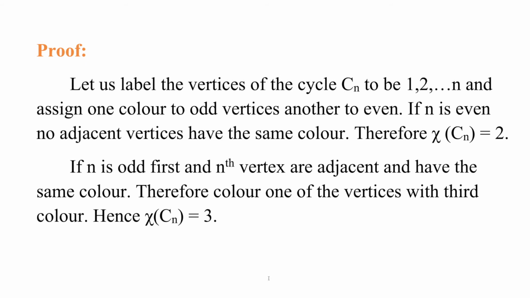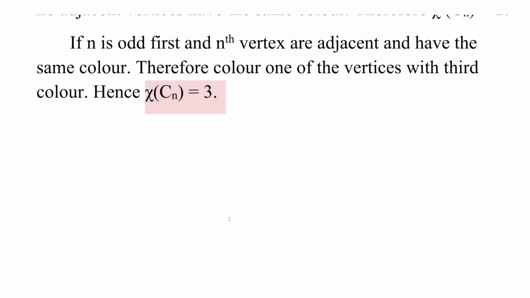If n is even, no adjacent vertices have the same color. Therefore, the chromatic number of Cn, chi of Cn, is equal to 2. If n is odd, the first and nth vertex are adjacent and have the same color. Therefore, color one of the vertices with a third color and hence chi of Cn is equal to 3.